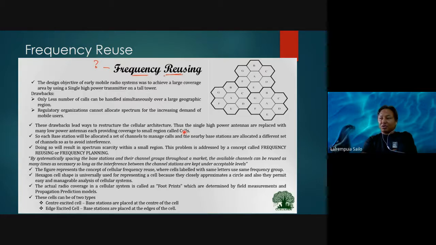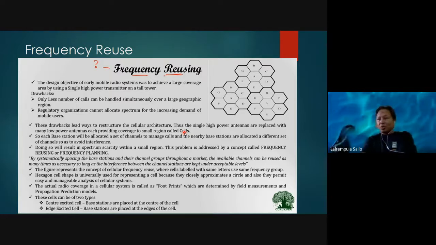If they use the same channel, then the base stations will interfere and collide with each other. Then you cannot communicate, you cannot make calls. Because of this, to avoid the interference, we need different channels.